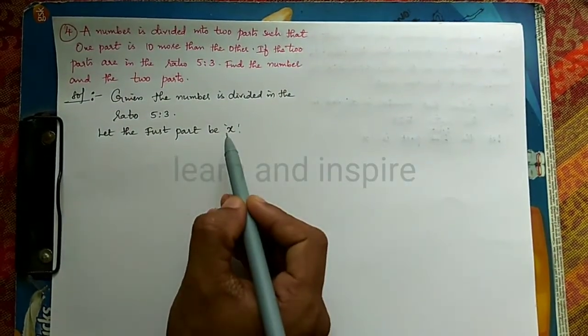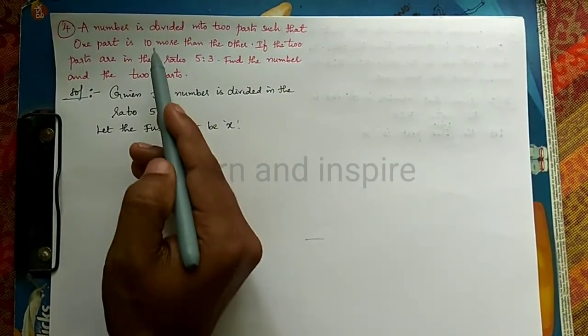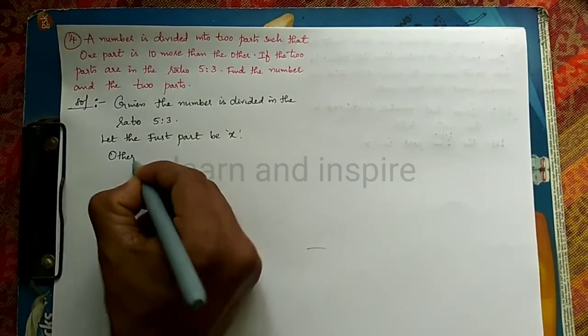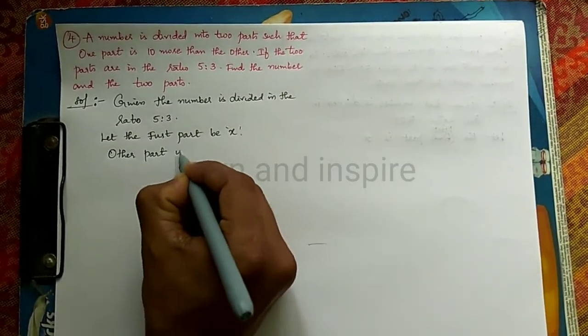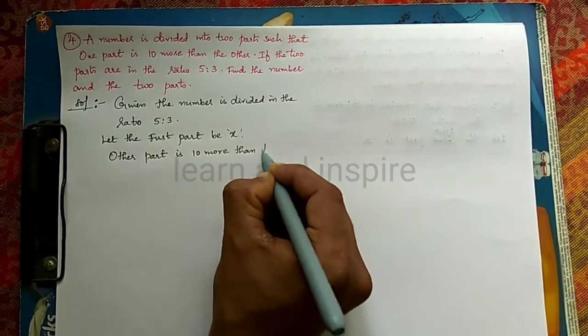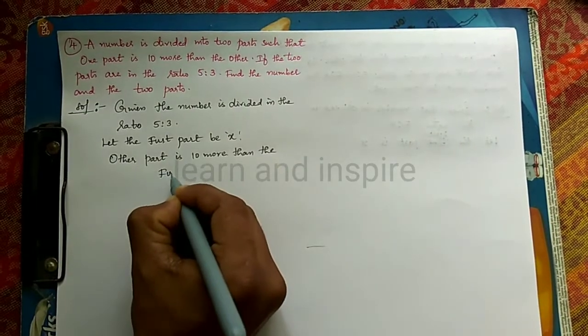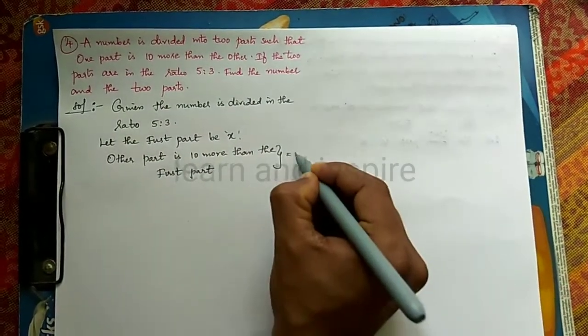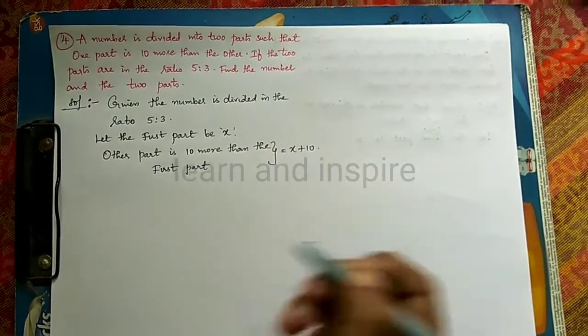If the first part is x, then what will be the second part? 10 more than the first part. So the other part is 10 more than the first part, that becomes x plus 10.